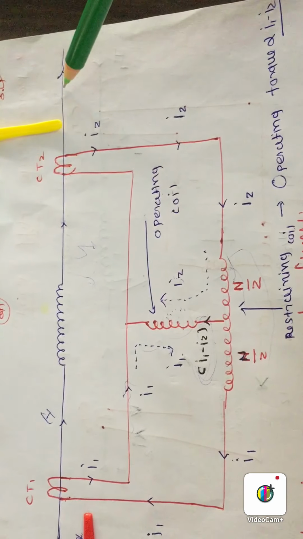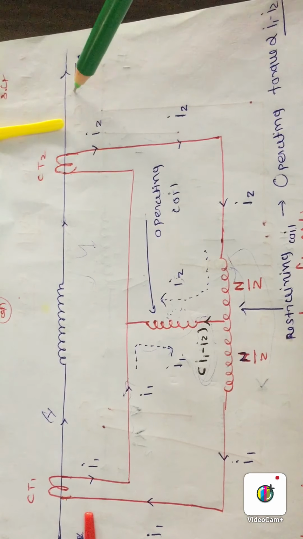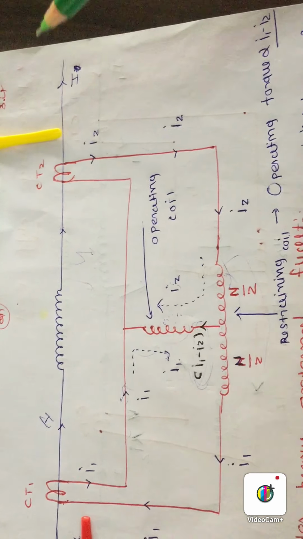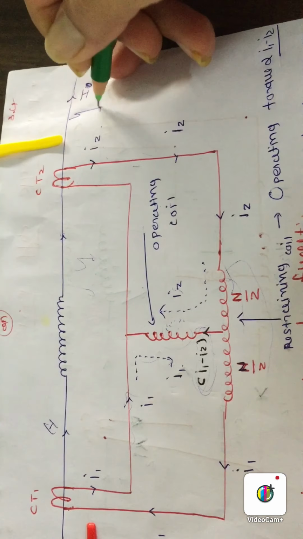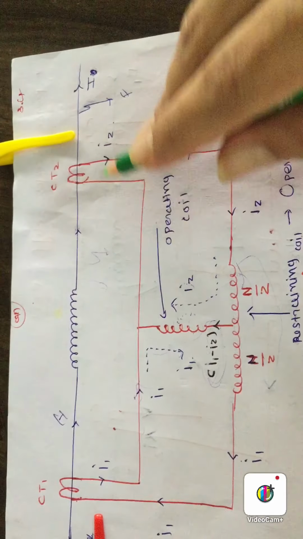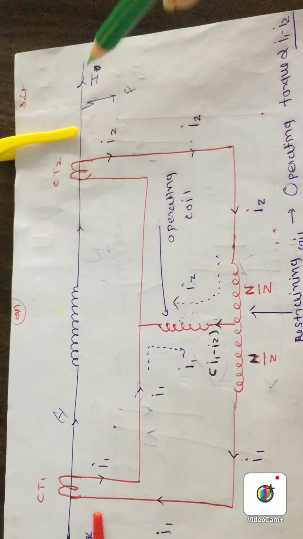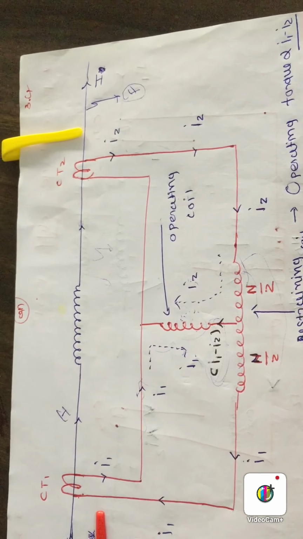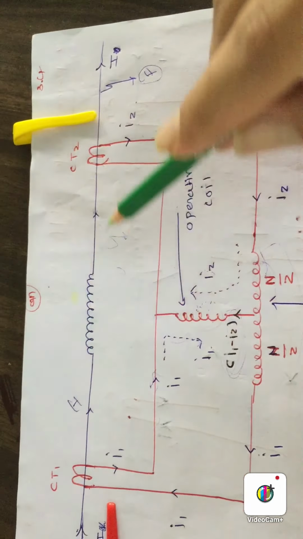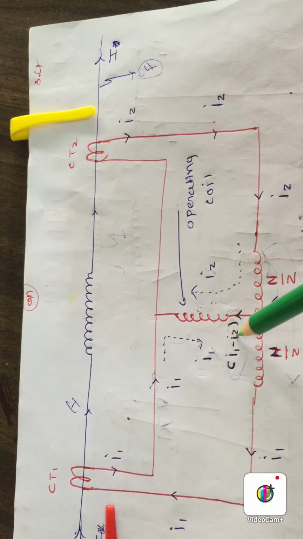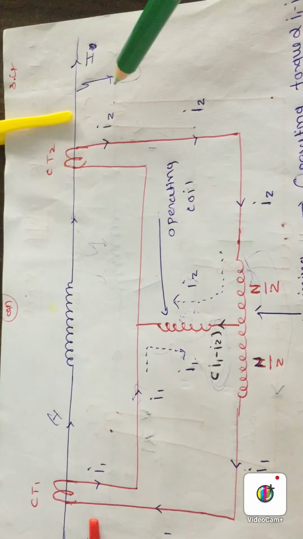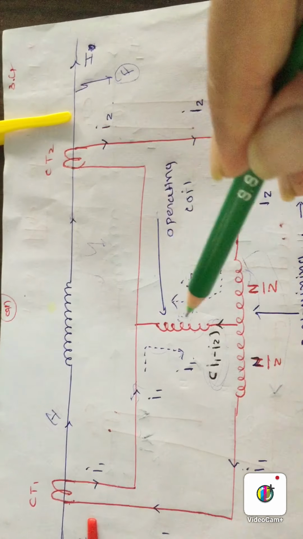Or let's take the heavy external fault condition, which means a fault occurs outside the protected zone. This relay must not operate for an external fault. Let's say due to this fault a very high amount of current will flow. That's why the I1 minus I2 difference will also increase, and that's why for an external fault this relay will operate.